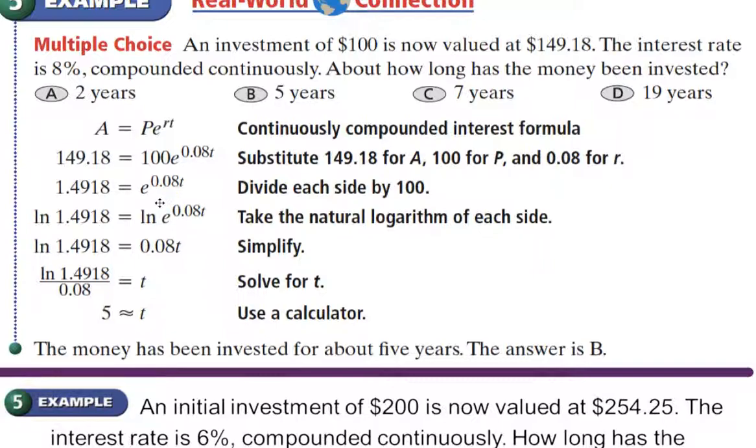If it was compounded semi-annually, then you would do 0.08 divided by 2. That would give you 0.04 for each time, because that's usually an annual interest rate. And then the t is normally the question.